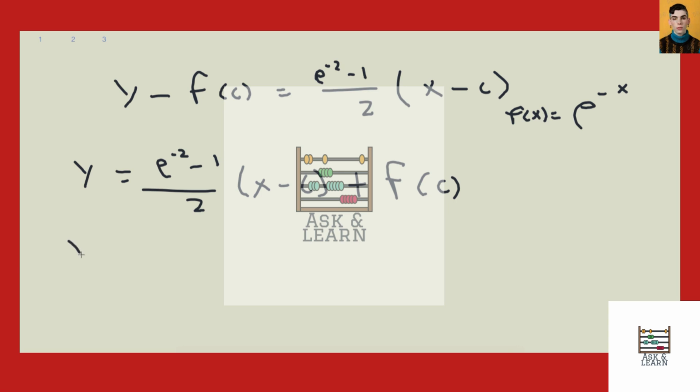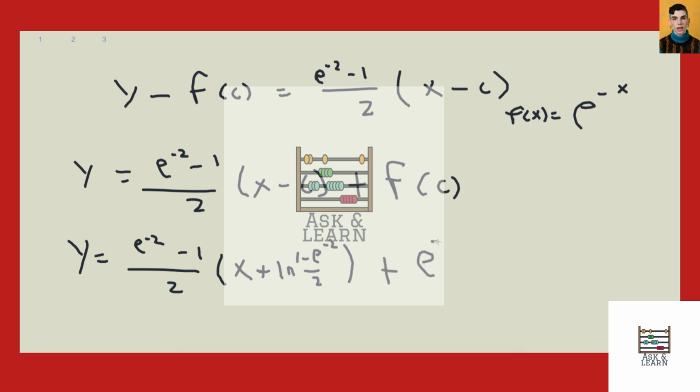So when we do that, we get y equals e to the minus 2 minus 1 over 2 times x minus, and then our c is negative log, so it's going to be positive log now. The positive log of 1 minus e to the minus 2 all over 2, plus e to the negative, and then now we're going to put in our value.